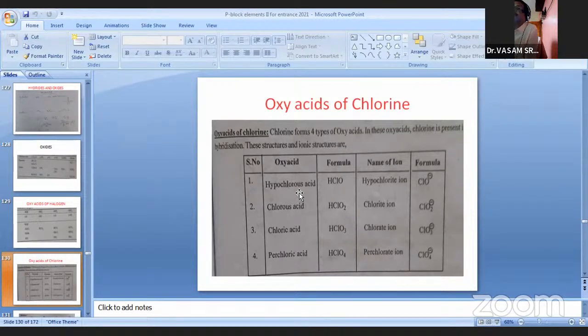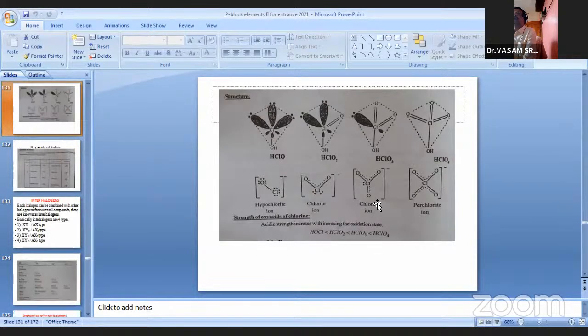So remember, if the acid ends in ous, it gives ite salts. If the acid ends in ic, it gives ate salts. So the anion or salt names are hypochlorite, chlorite, chlorate and perchlorate.